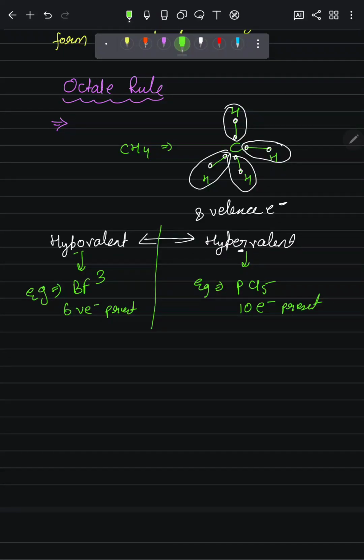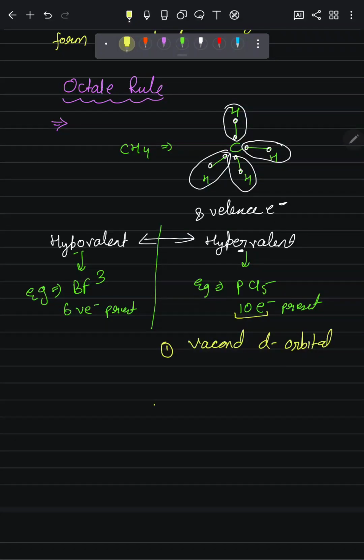There are some conditions for which a hypervalent, or 10 electron, species can be formed. To get the hypervalent structure, we need to fulfill some conditions. The first condition is the availability of a vacant d orbital. A vacant d orbital must be present.